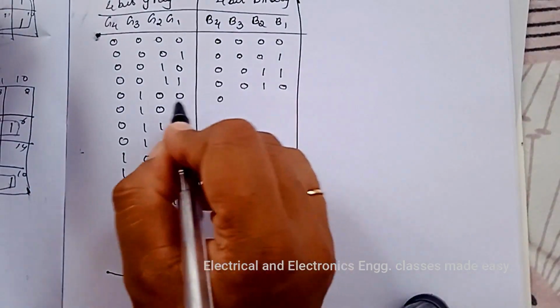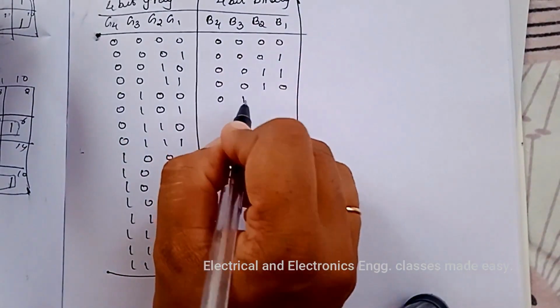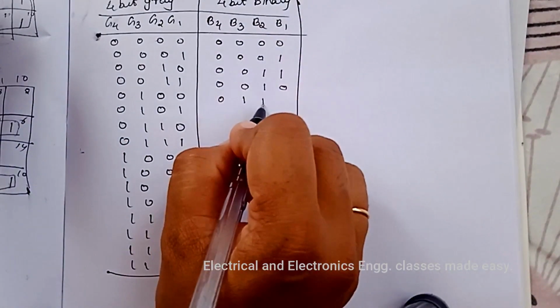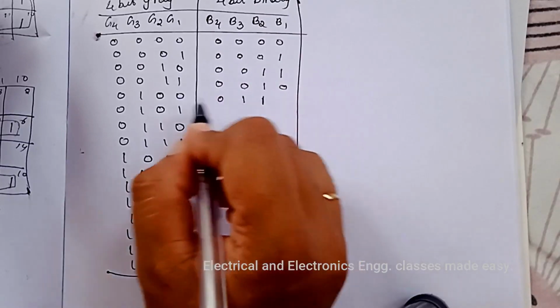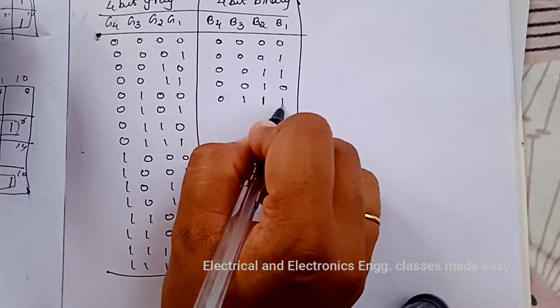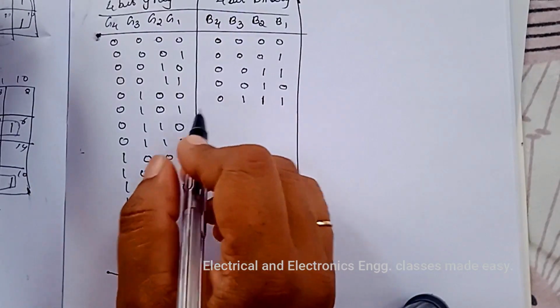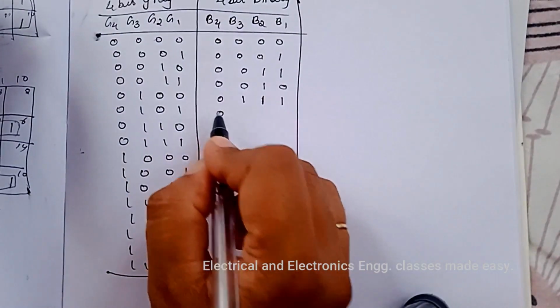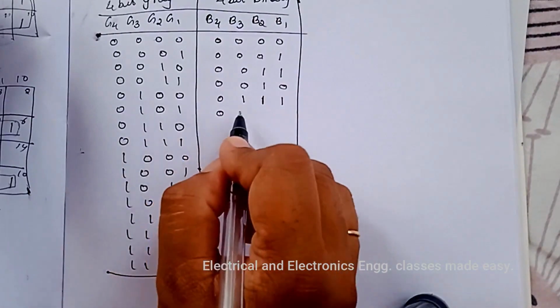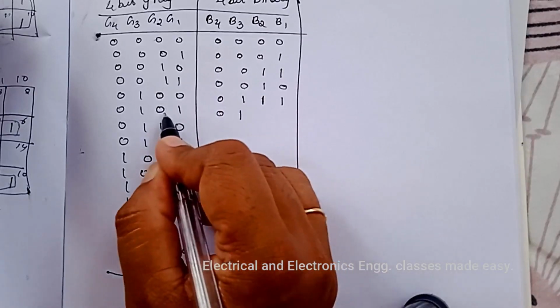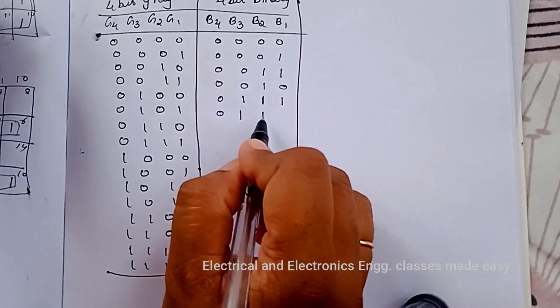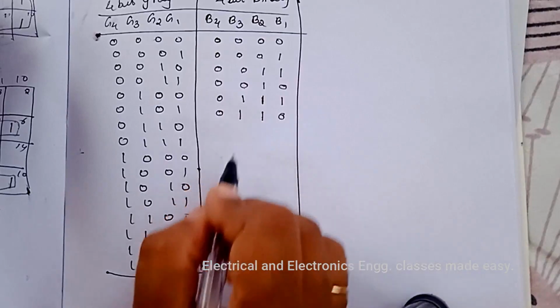Next 0, 0 plus 1 is 1, 1 plus 0 is 1, then 1 plus 0 is 1.